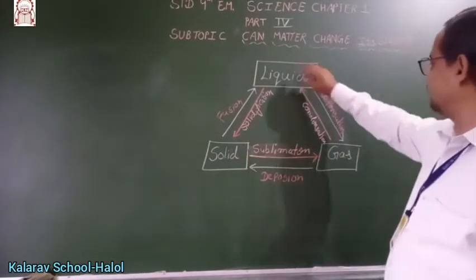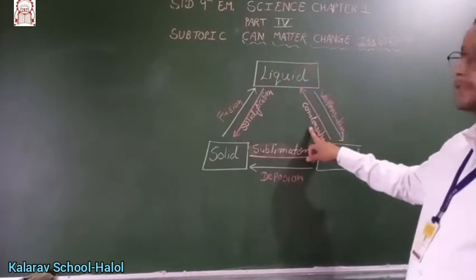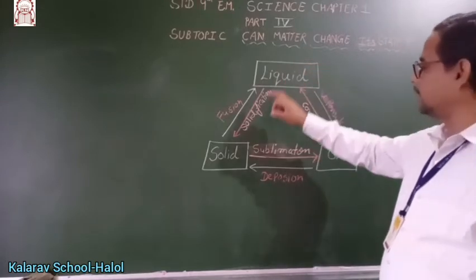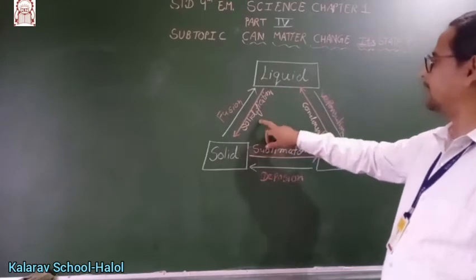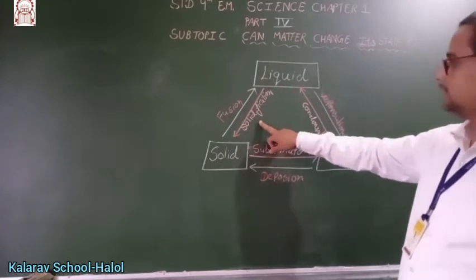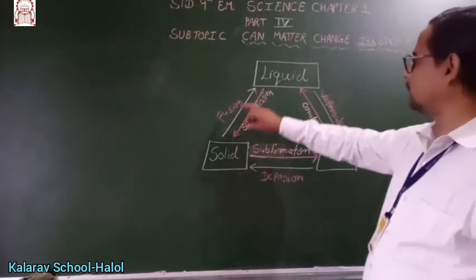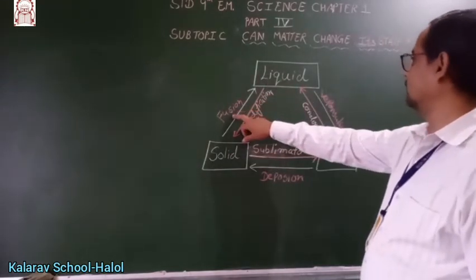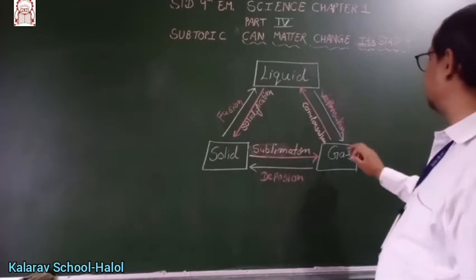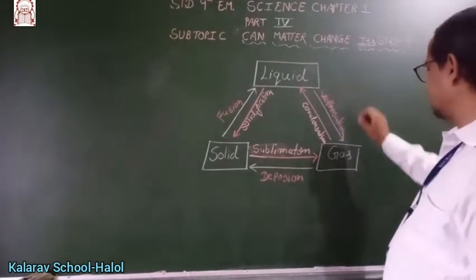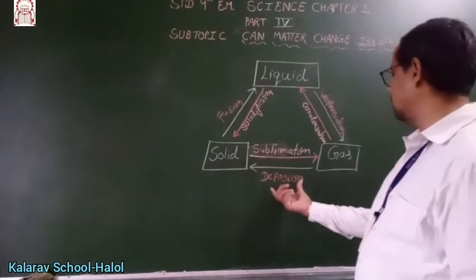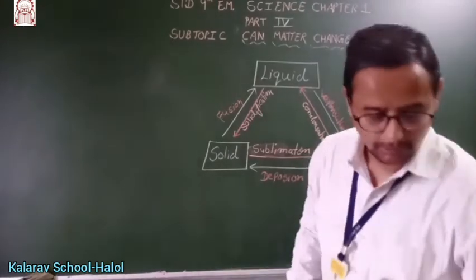Gas to liquid is called condensation. Liquid to solid is called solidification. When pressure is given and solid is converted into liquid, that is fusion. Liquid converted into gas is vaporization. And gas converted into solid is deposition.